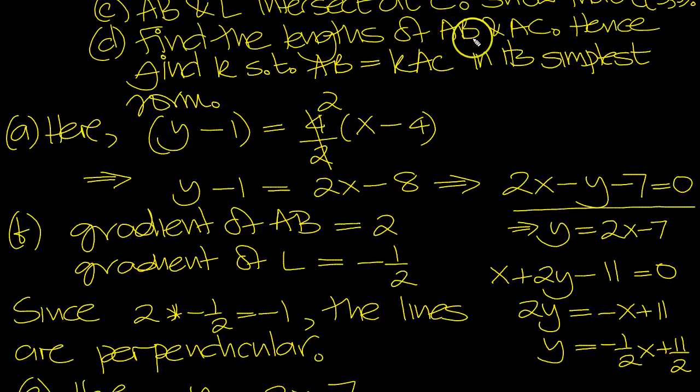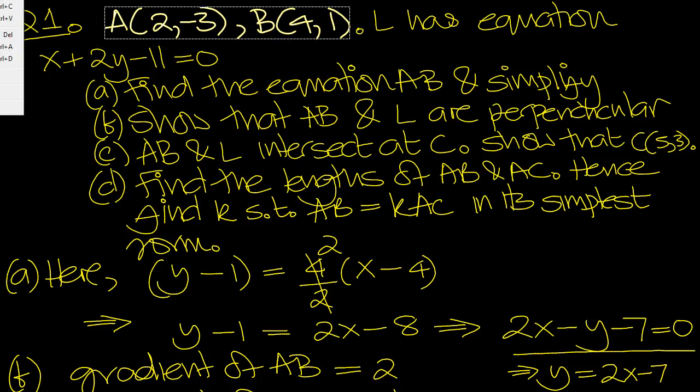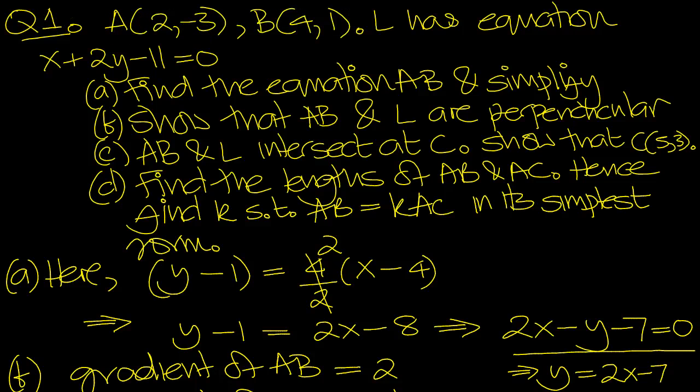So find the lengths of AB and AC, hence find k. Okay, our coordinates then. We need our coordinates of A and B, (2, -3). I'm going to copy this here and paste it in, and we'll take it down.